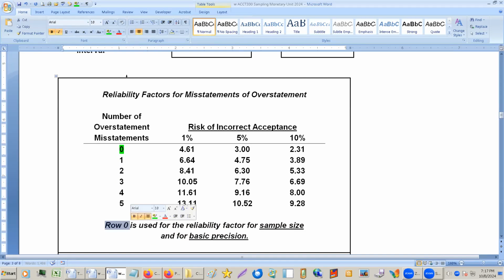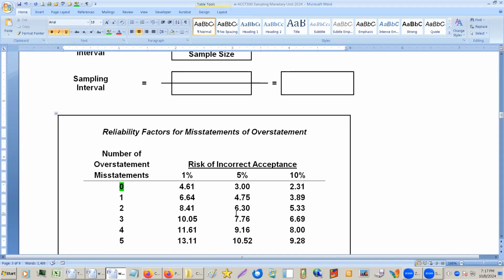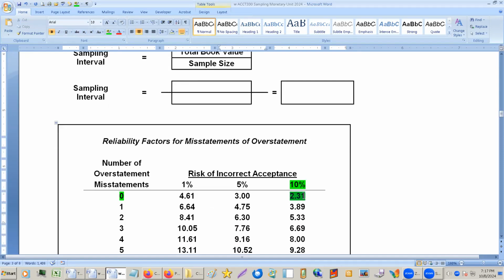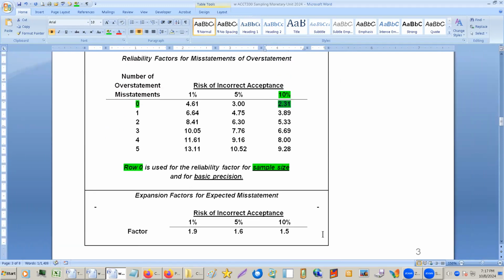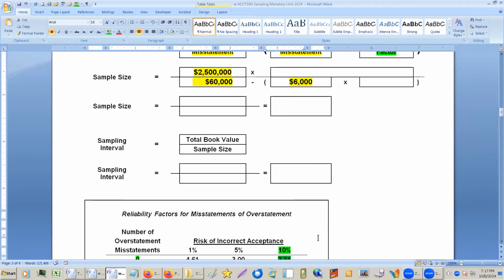Row 0 is used for sample size. This is our reliability factor, 2.31. Maybe I should do the spacing of this. Okay, so I'm going to put this in here.